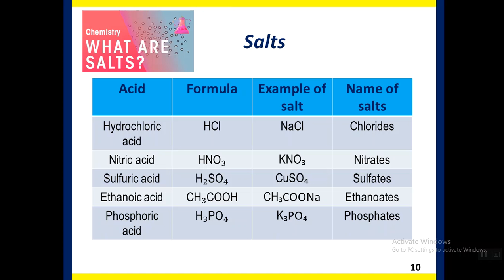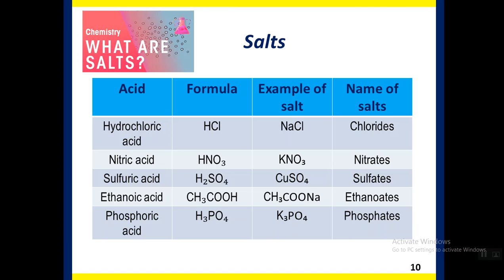When nitric acid, that is HNO3, reacts with potassium hydroxide KOH, it will form KNO3, that is potassium nitrate, the salt nitrate. When sulfuric acid, that is H2SO4, reacts with copper oxide, as I mentioned a little while ago, it will form copper sulfate, that is CuSO4, and the name of the salt is sulfate.